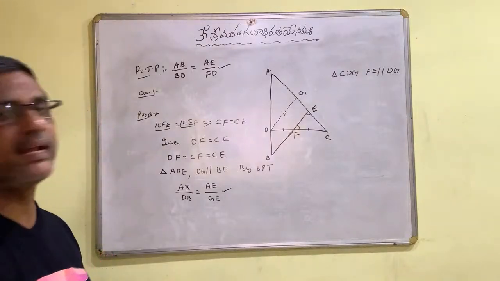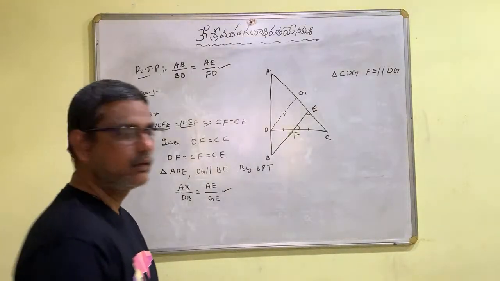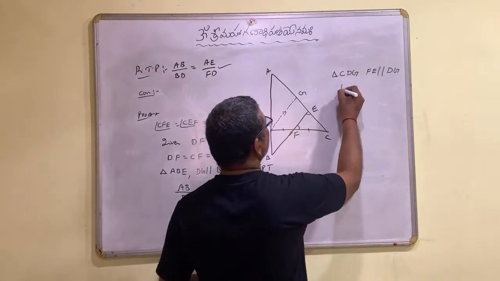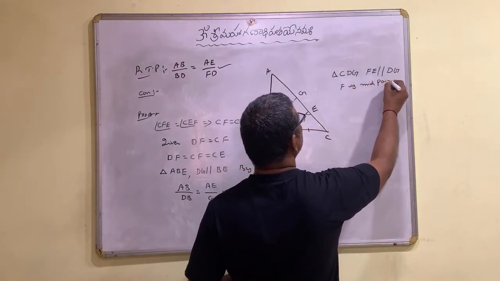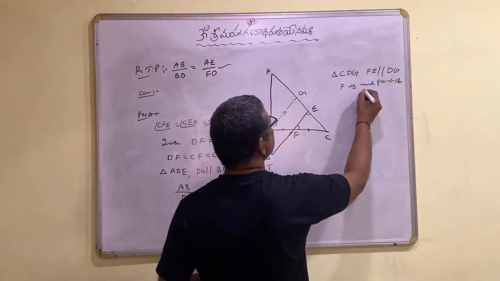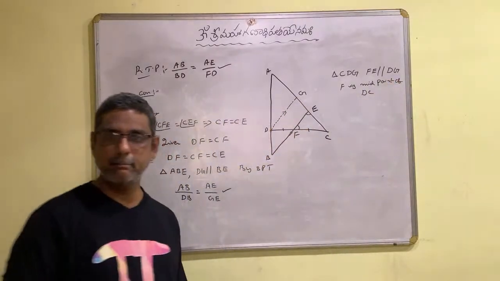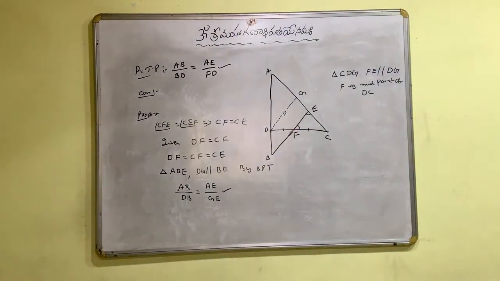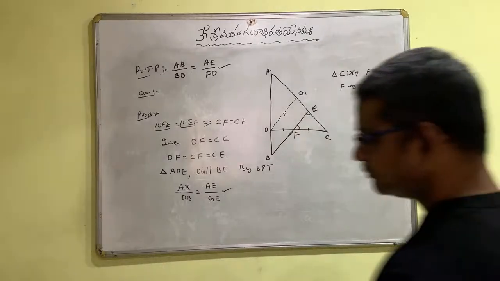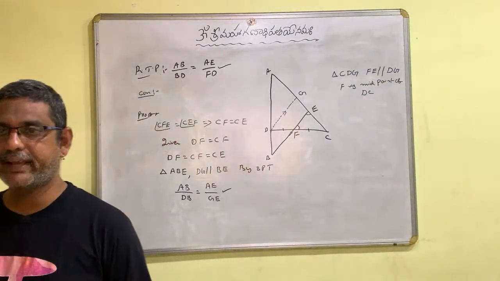Not only that, F is the midpoint of DC. What can we do here, children?